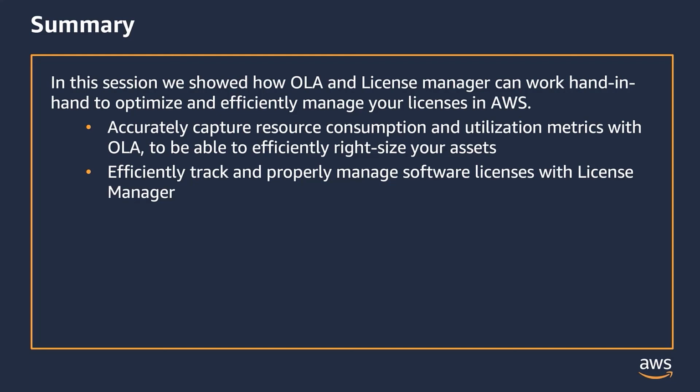This can also work with assets already running in AWS that haven't had their actual utilization assessed. With AWS License Manager, we showed how you can efficiently track those licenses and set guardrails to prevent runaway licenses from being spun up.